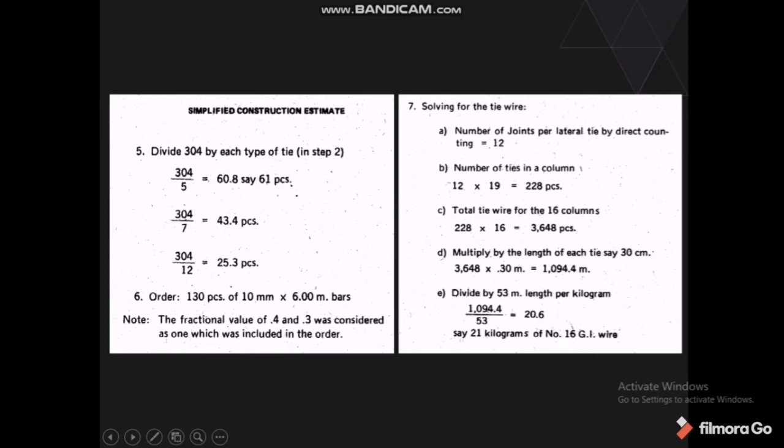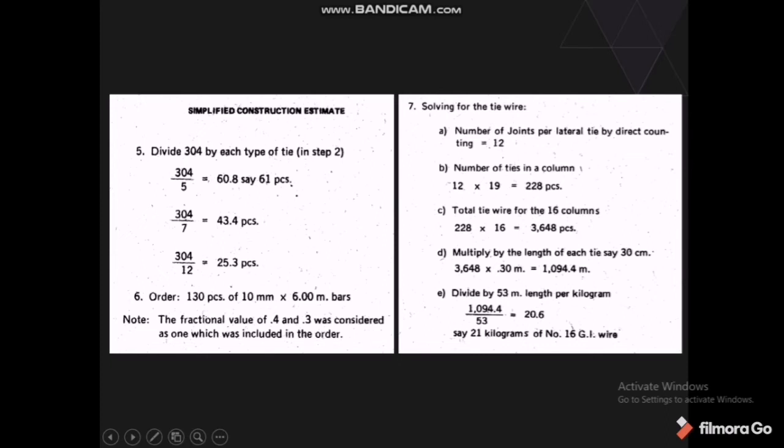So in the last part, we solve for the tie wire. The number of joints per lateral tie by direct counting is equal to 12. And the number of joints in a column is 12 times 19, and that is equal to 228 pieces, and the total for the 16 columns is 228 pieces times the number of columns, which is 16, and that is 3,648 pieces.